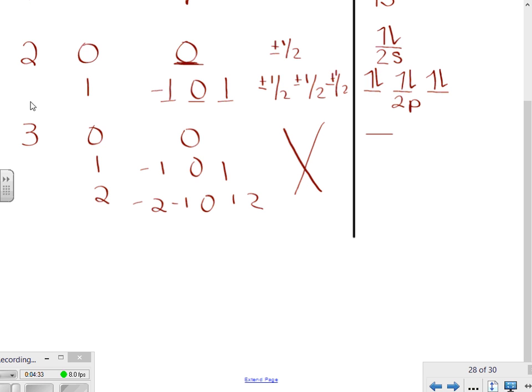So I'm going to draw a first line saying it's a 3s orbital, positive 1/2, negative 1/2. I'm going to go on to my L equals 1. I have the negative 1, 0, positive 1, called 3p. Up, up, up, positive 1/2, positive 1/2, positive 1/2, negative 1/2, negative 1/2, negative 1/2.